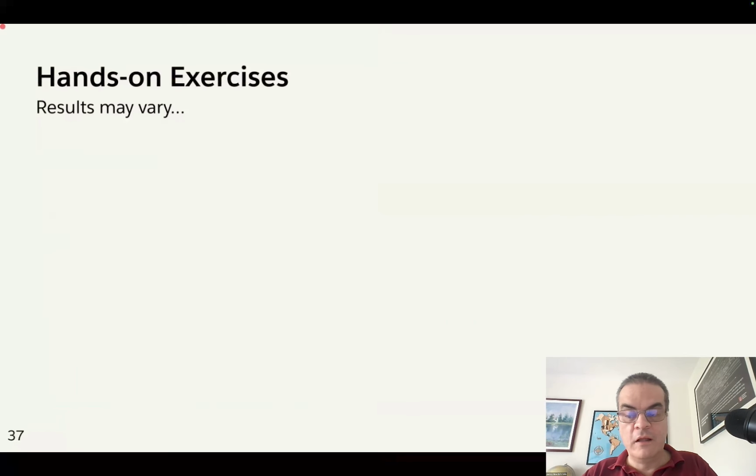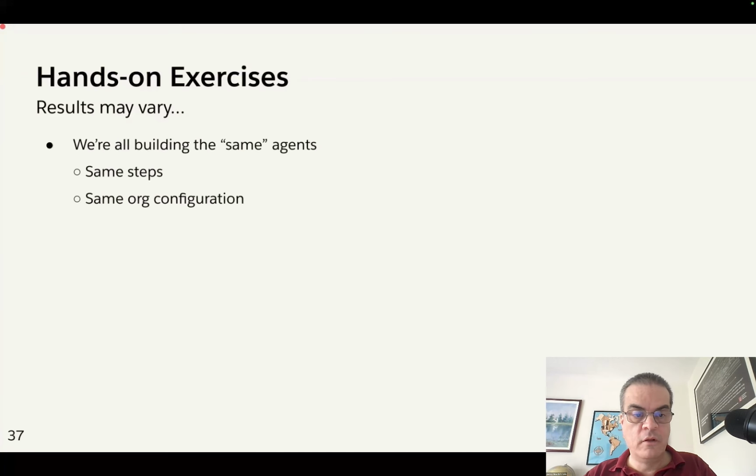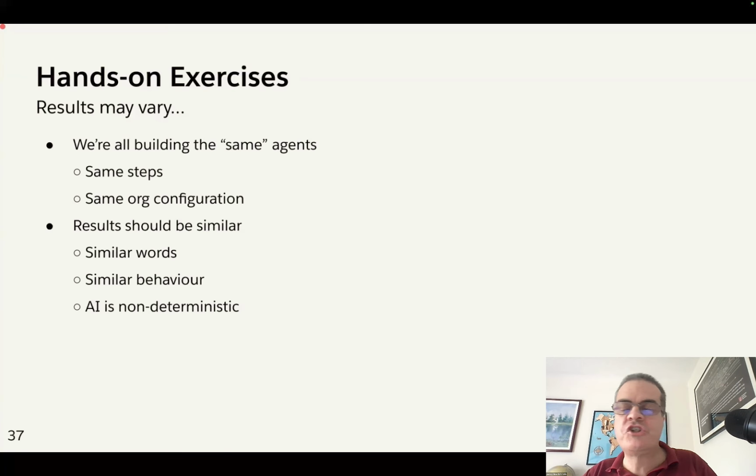All right. So in the next set of exercises, we're going to work on building our own agents, and the results may vary. Now, we're building the same agents. We're using the same steps, where you have the same type of org. We install the same package. Results should be similar. Similar words, similar behavior.